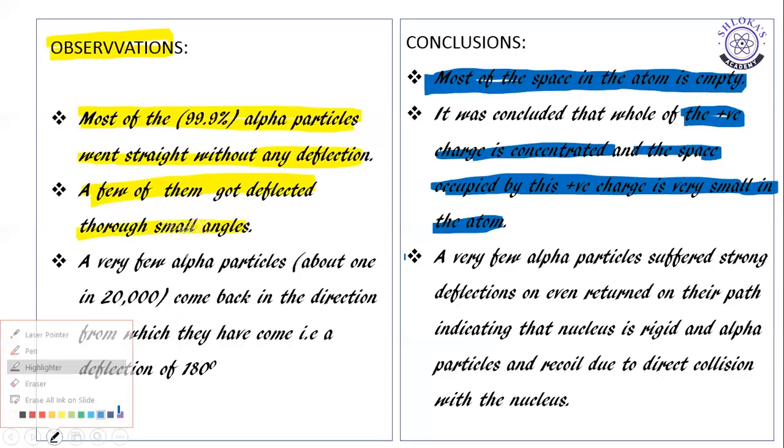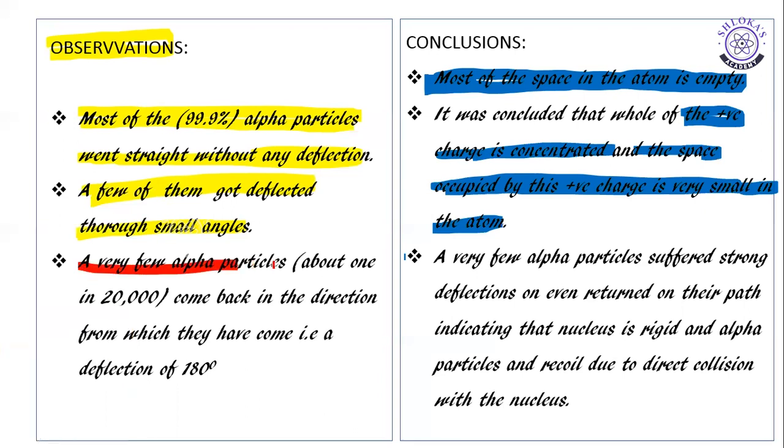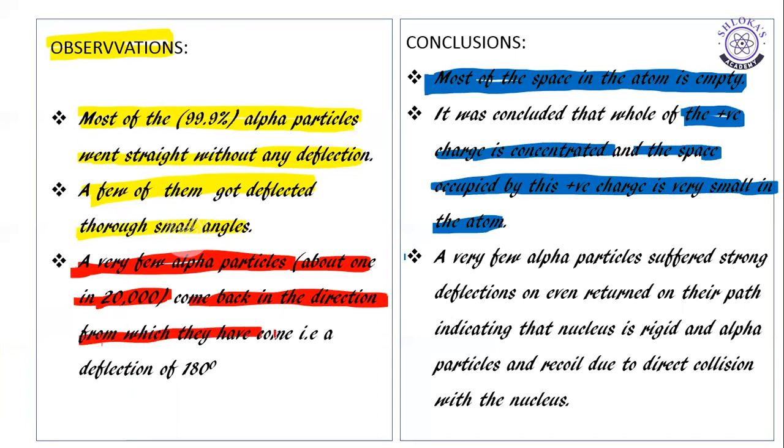The third one: a very few alpha particles, about 1 in 20,000, come back in the direction from which they came. That means they returned on their original path, a deflection angle of 180 degrees.